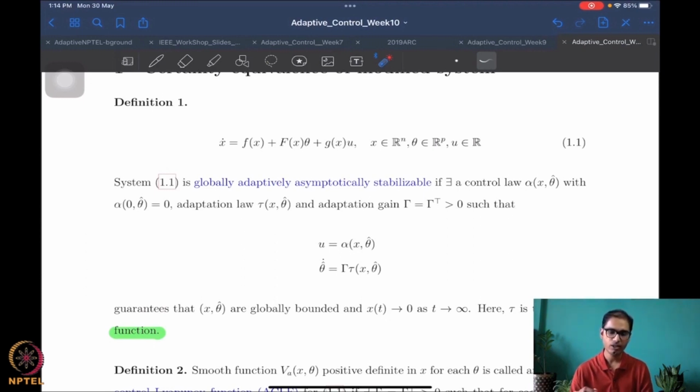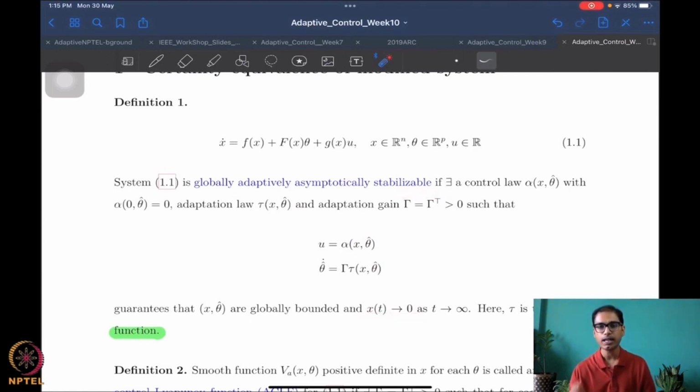Adaptive because theta is unknown, so there is a theta hat in the feedback law and the update law, and stabilizable because we want x to go to 0. We don't care about theta hat converging to theta as usual. Remember, this is a definition; we are defining this terminology. But this is what we want in all our problems: the existence of such feedback and adaptive laws. So this definition makes sense to us.